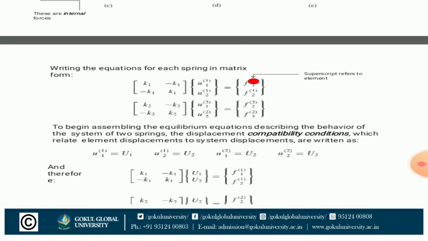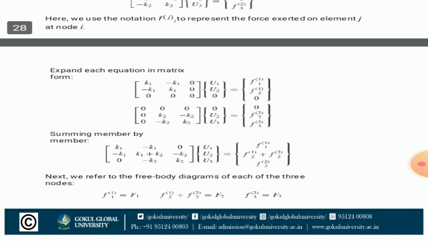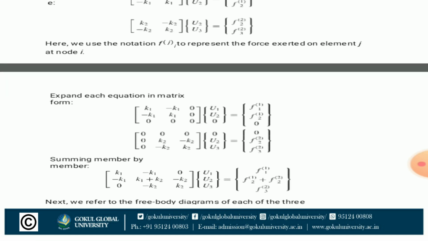To begin assembling the equilibrium equations describing the behavior of the system of 2 springs, the displacement compatibility conditions related to the system displacement are shown below. So there are 2 topics. Again, the assemblage of the algebraic equations summarizes all the values in 3 matrices: stiffness, displacement and force coordinates.